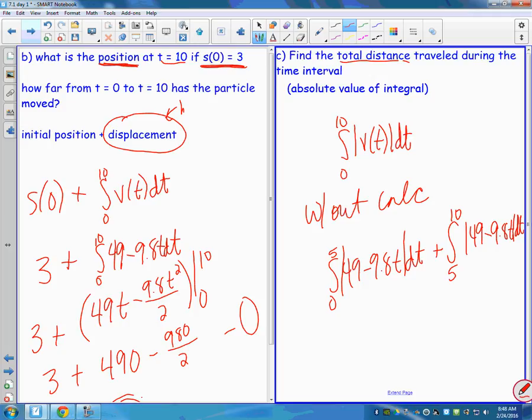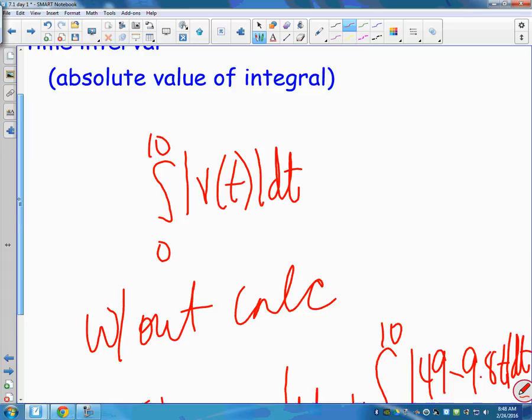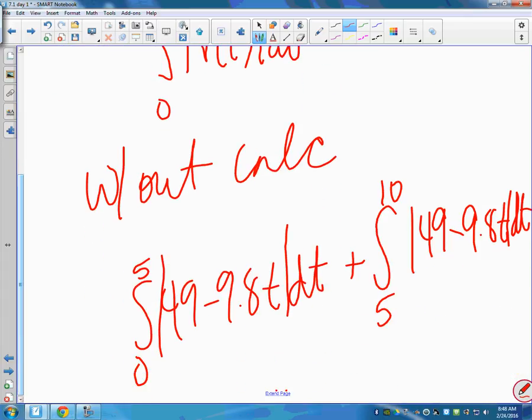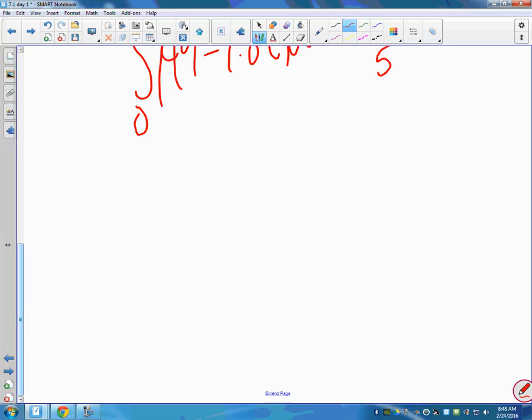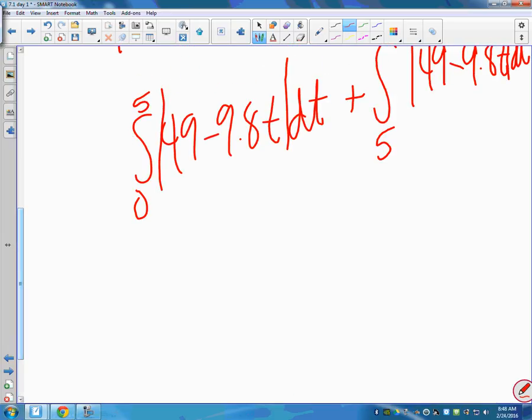Right? So it's kind of like we already did the integral over there, right? So it's just putting the numbers in. And we really already did it for 0 and 10. And remember that you take the absolute value of each part in between. 9.8 divided by 2, isn't that 4.9?